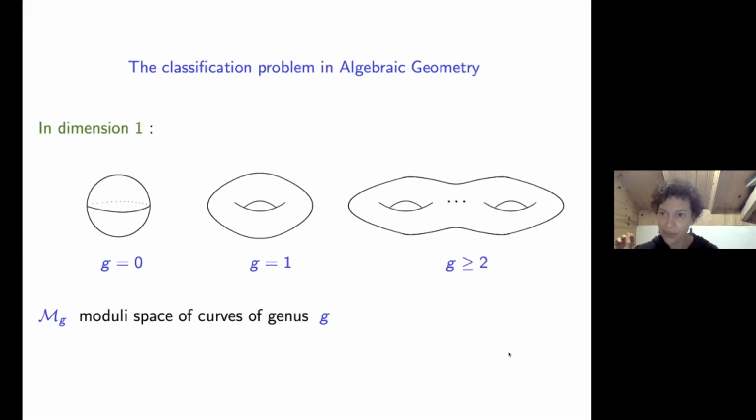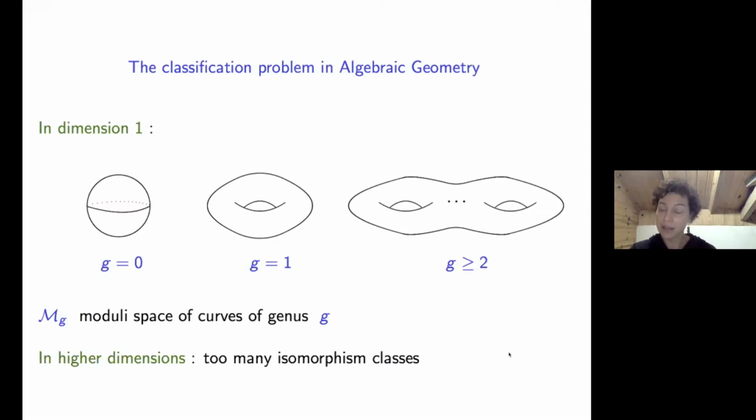Then for each fixed value of the genus, we look at the moduli space of curves of genus G. Here we have an algebraic variety, or more generally, an algebraic stack that parametrizes these curves of genus G. So first we divide according to some discrete invariant, the genus, and then we form moduli spaces. In higher dimensions, the classification problem is different, basically because there are way too many isomorphism classes to try to arrange them into classes in this way.